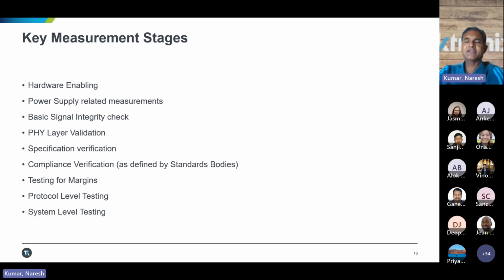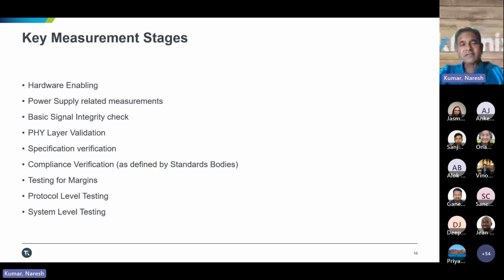Validation is where you're trying to make sure your hardware is working as per the specifications. And you might also test for margins. If you're an IP vendor, you would like to provide more margins for your next customer in the next level chain. And so the specification verification becomes very important.